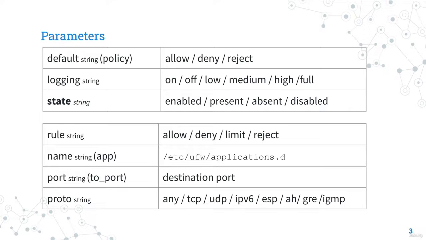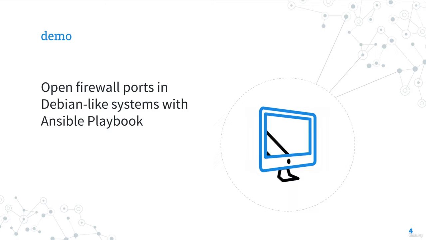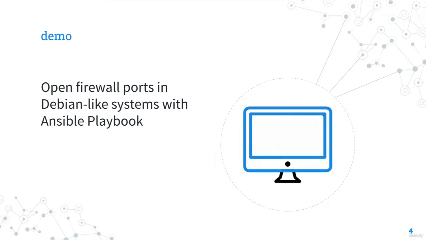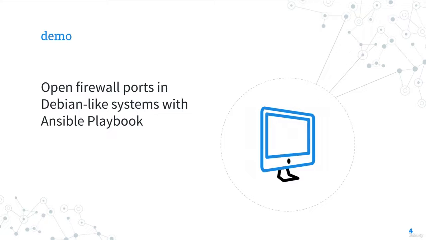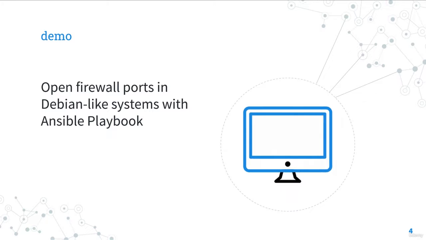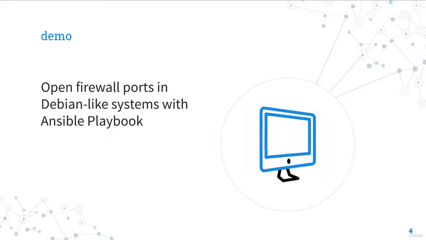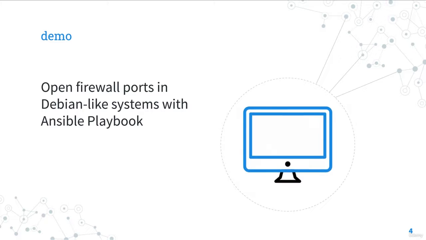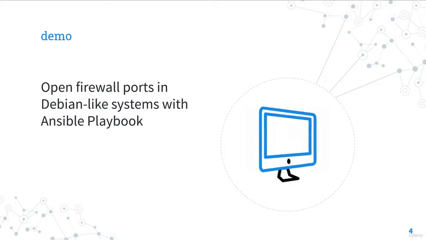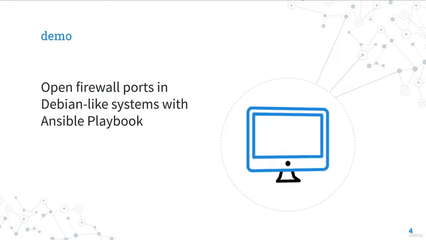The proto parameter specifies the destination protocol and is pretty explicative: TCP, UDP or other. Let's jump in a real-life demo about how to open firewall ports in a Debian-like system with an Ansible playbook.